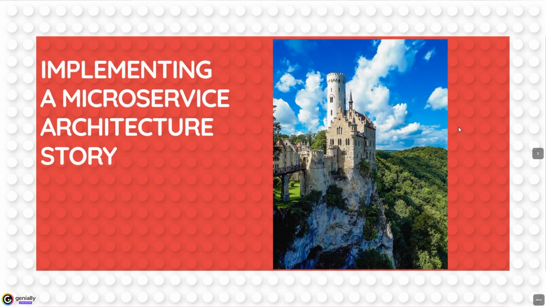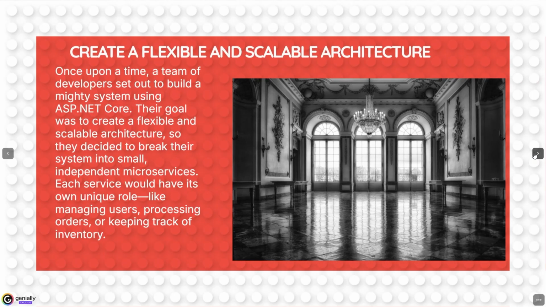In this video, we are going to talk about microservices architecture implementation as a story to clarify the topic. So, once upon a time, a team of developers set out to build a mighty system using ASP.NET Core.